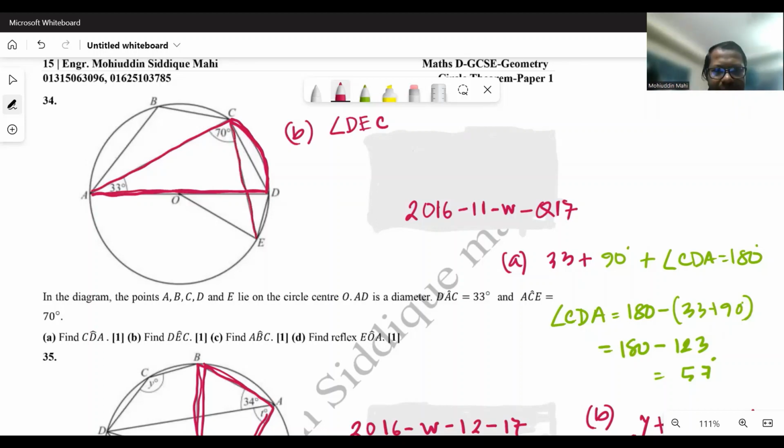So angle at the circumference here will be 33 degrees as well. So angle DEC equals 33 degrees. So standing on the same arc CD, angle at the circumference here is 33 degrees, so here it will also be 33 degrees. Okay, fine.